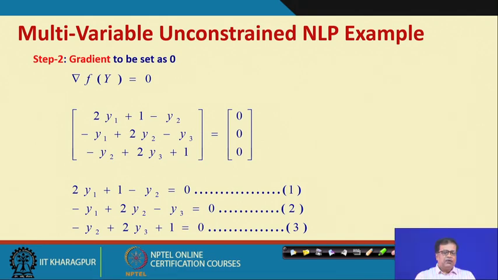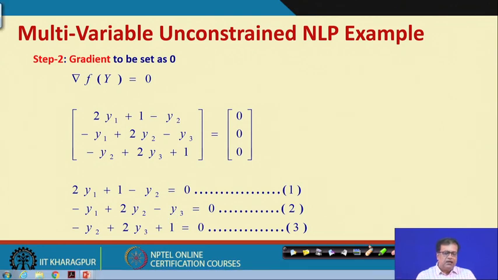Quickly, if you add double of the second equation to the first equation, then y1 gets cancelled, and we get 4 y2 - y2, that is 3 y2, minus 2 y3, plus 1 equal to 0.